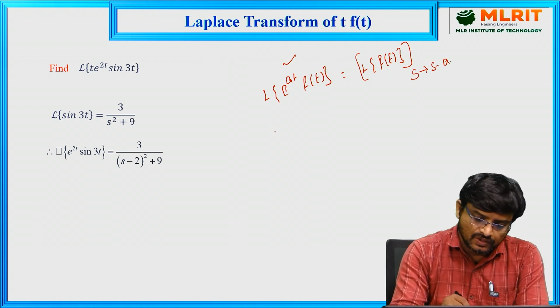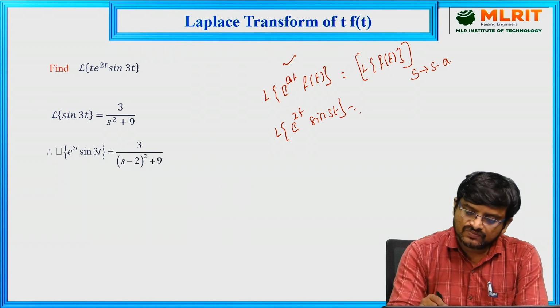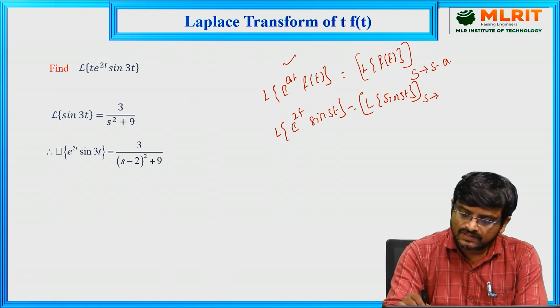So now, for Laplace transform of e power 2t into sine 3t, according to the first shifting theorem, we take the Laplace transform of sine 3t, find that, and replace s with s minus.